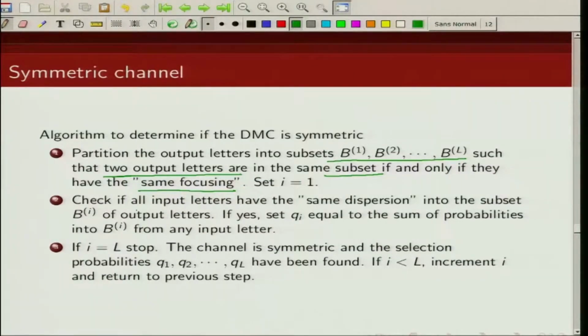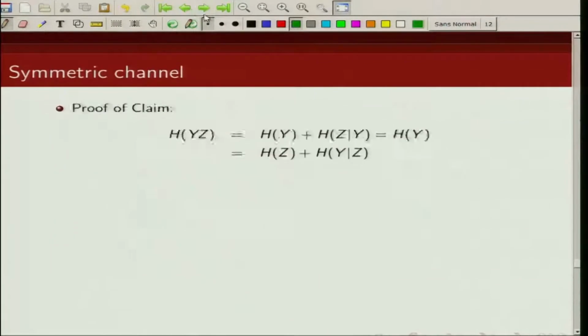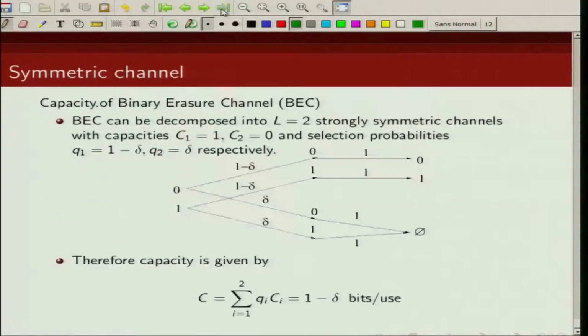The next step is to check if all inputs have the same dispersion. Now how do you check the same dispersion? From the particular output symbol you see the probability of the transitions from the input side. If you look at this particular example, you reach 0 from 0 with probability 1 minus delta.